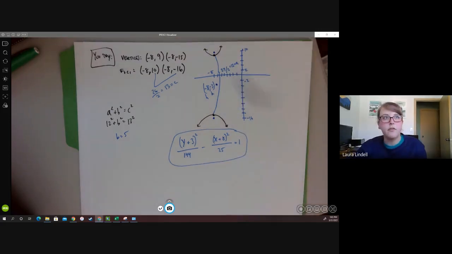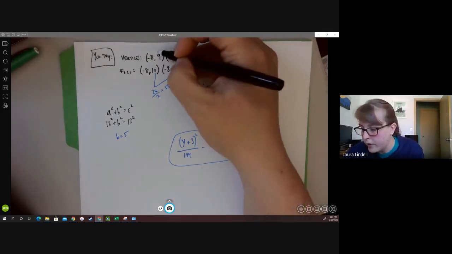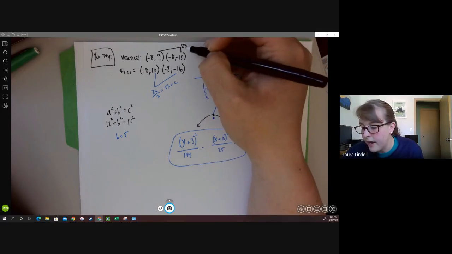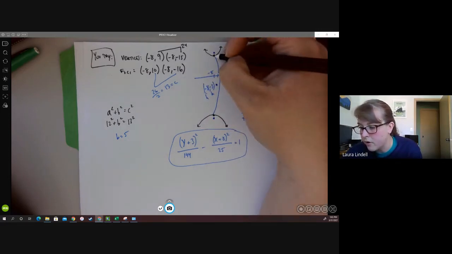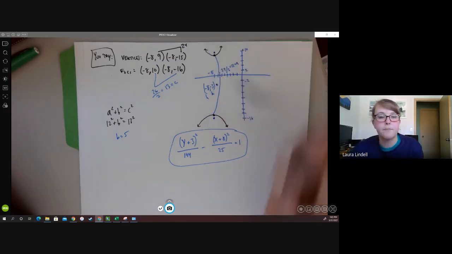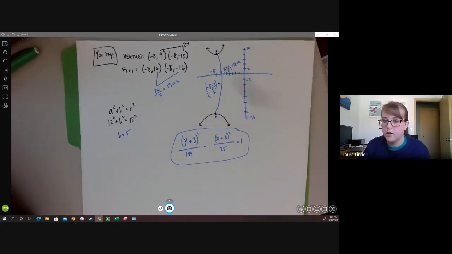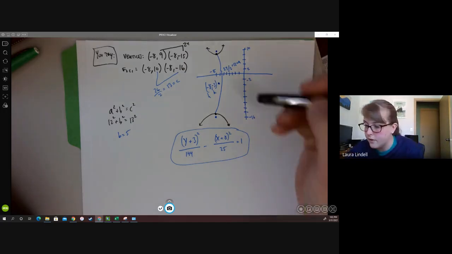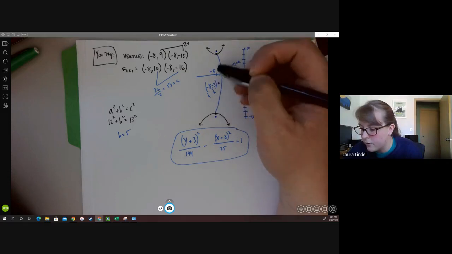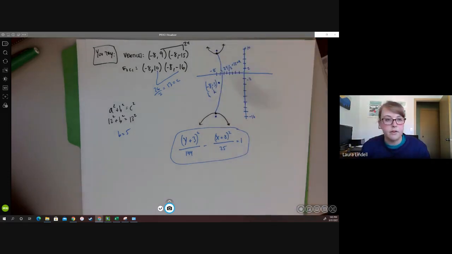You can also do it off of the coordinates. If we notice that the difference between these coordinates is 24, if you cut that in half, you get 12, and then you can just start at one vertex and walk down 12 to get to the center, which is kind of what you end up doing anyway with the graph. We notice that this distance here is 24, and so you can go up 12 or you can go down 12, and that would get you to the center.